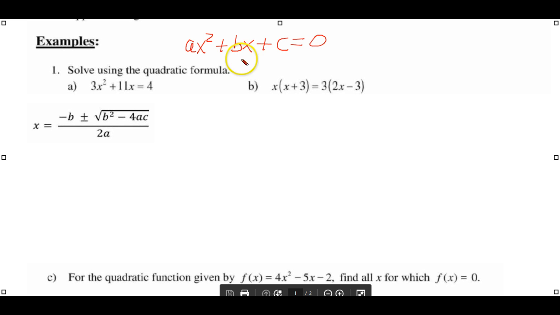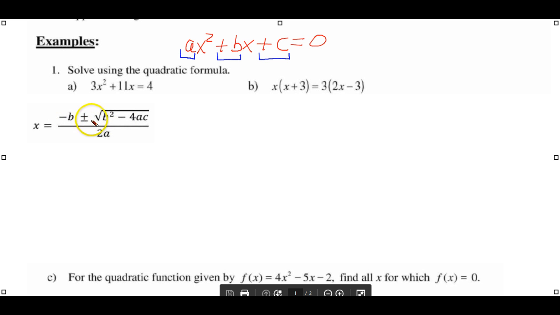Key to using the quadratic formula is that our original equation needs to be set up in standard form of the quadratic equation. And the reason for that is you have to identify your a value, your b value, and your c value to put into the formula to replace these letters.